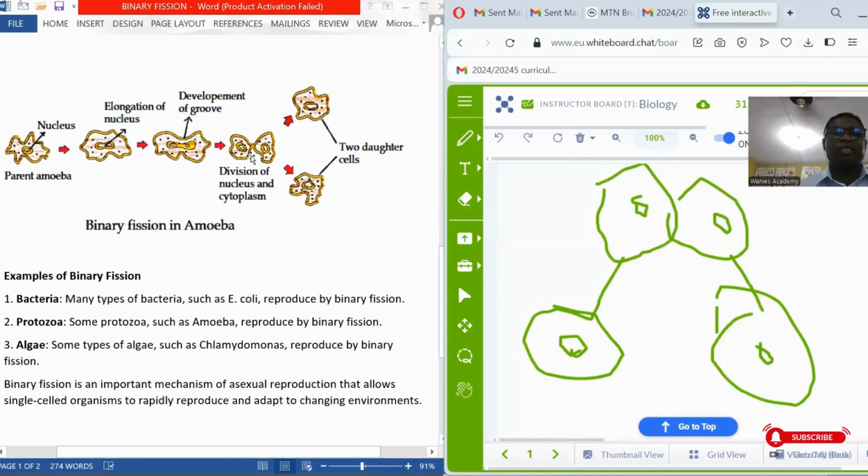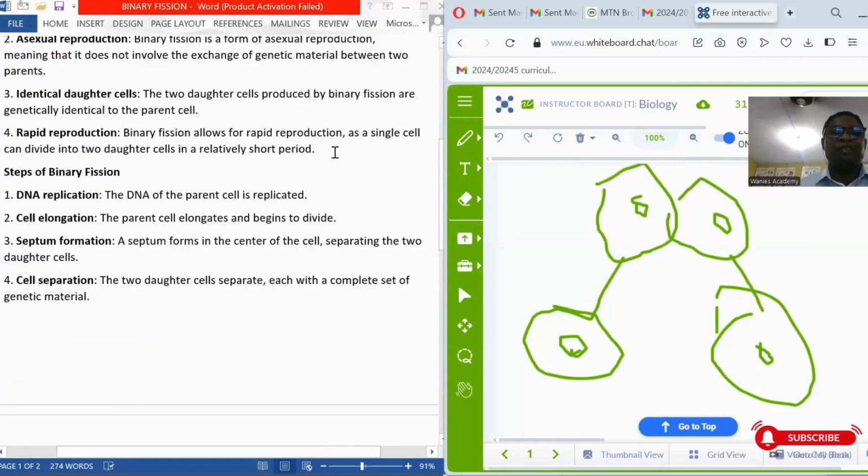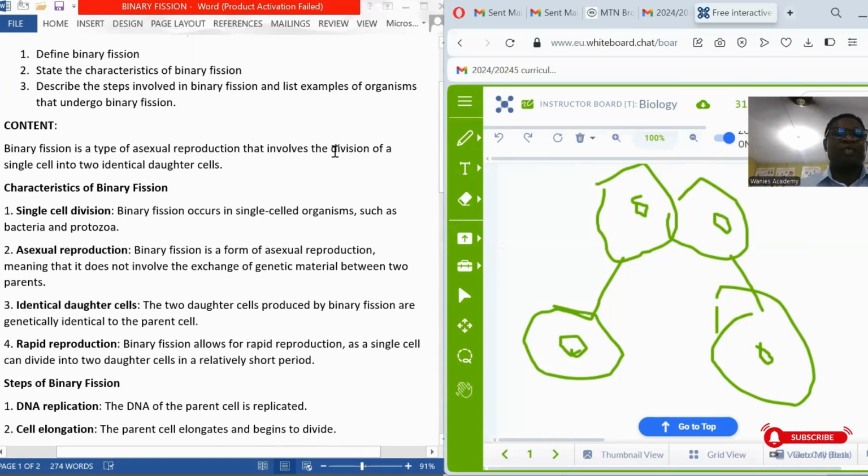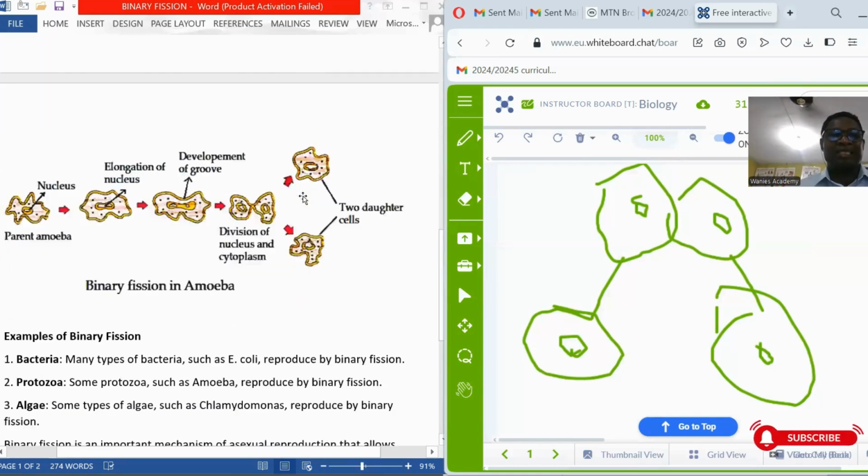The nucleus contains the genetic material, so it divides into two. The cytoplasm also divides into two to show the separate daughter cells. Binary fission is just a simple means of asexual reproduction that involves the division of a parent cell into two daughter cells that look identical to the parent, as seen in the diagram.